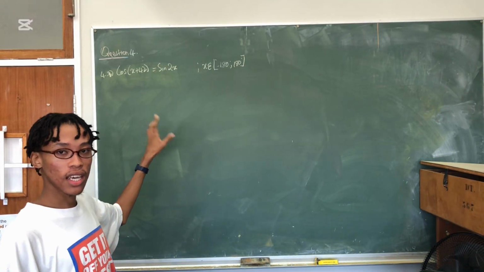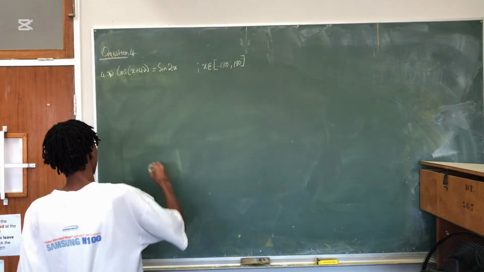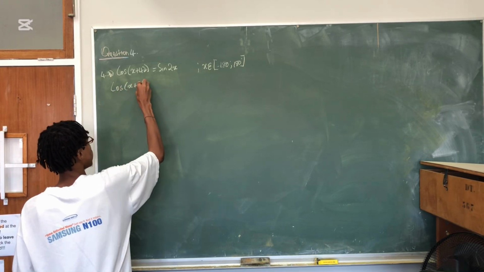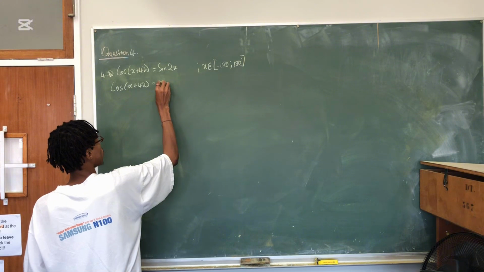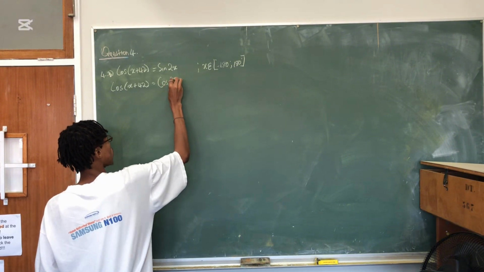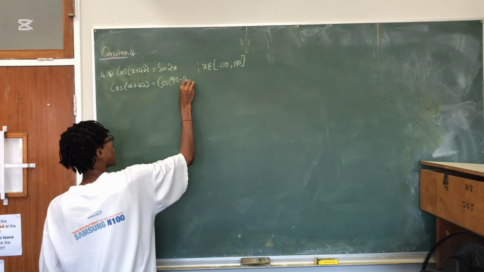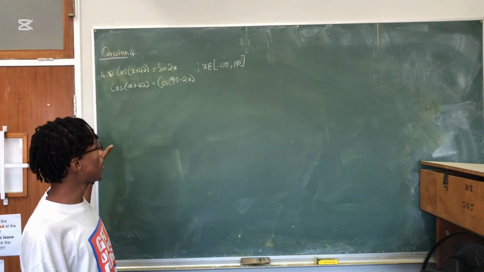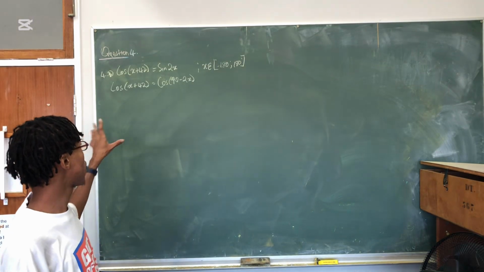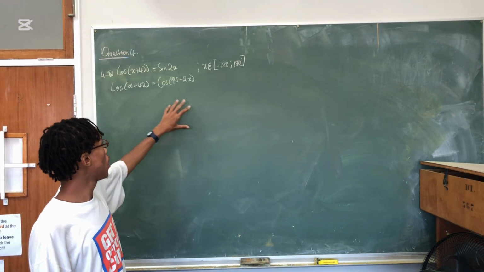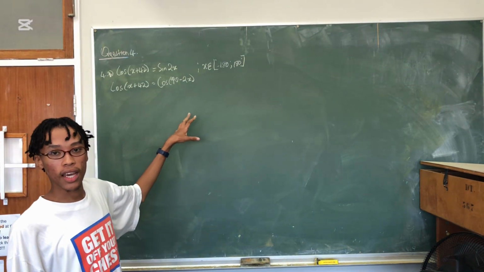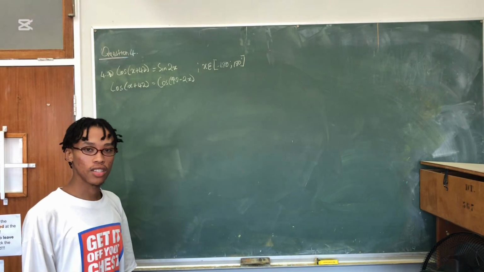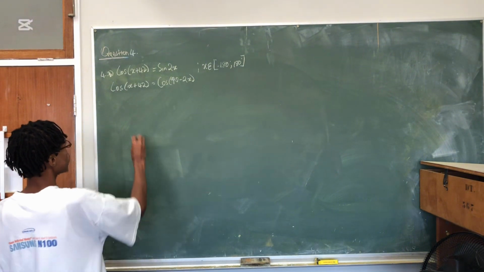The sine 2x can be written in another way, where we have cos of x plus 42 is equal to cos of 90 minus 2x. On the left hand side, we have cos of a particular angle, as well as on the right we have cos of a particular angle. Because these two expressions have the same trig function, we are going to equate them.